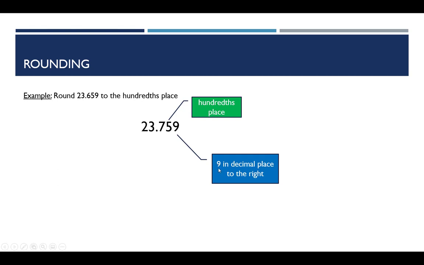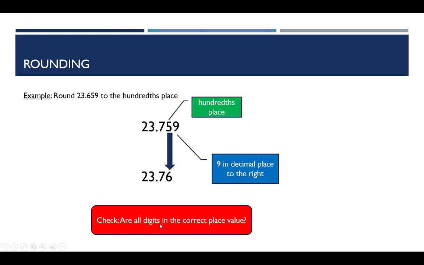So 9 is a round up number, so that means you change the 5 to a 6, and then you drop all the remaining digits, assuming that ultimately you're not changing the place values by doing so. And are all the digits in the correct place value? Well, the 2 was in the tens, still in the tens. 3 was in the ones, still in the ones, so we're fine. No issue there.